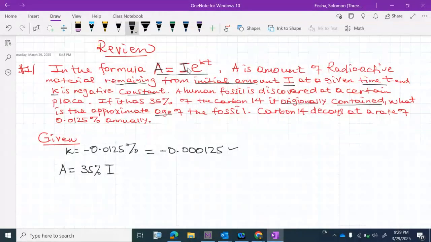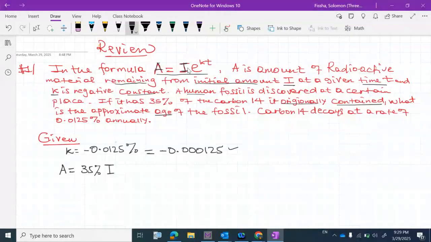If the original was 100, that means they find 35. If the original is whatever amount, 35% is remaining now. What the final means is the remaining part. The initial is the I. So this is another important point.